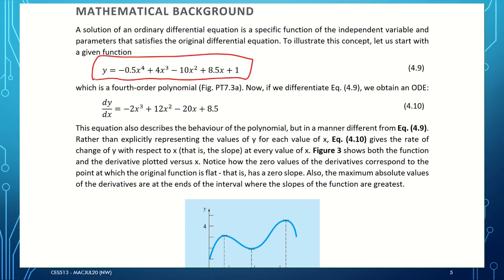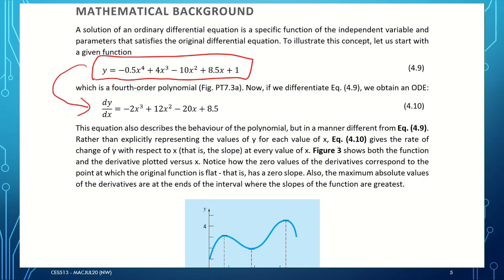This is the original function, which is a fourth order polynomial. Then we differentiate that equation to get the differential equation, which is the ODE: dy dx equal to negative 2x cubed plus 12x squared and so on.